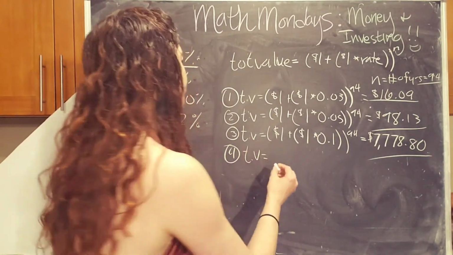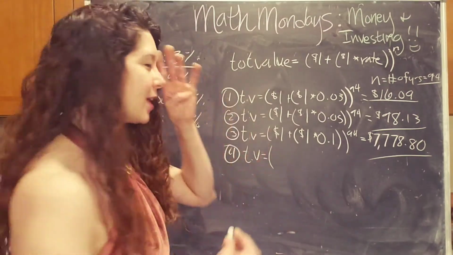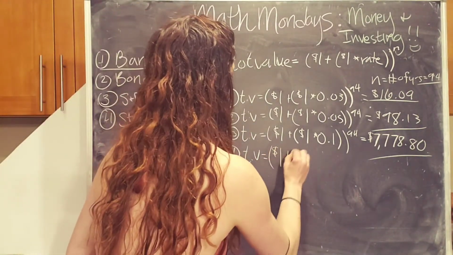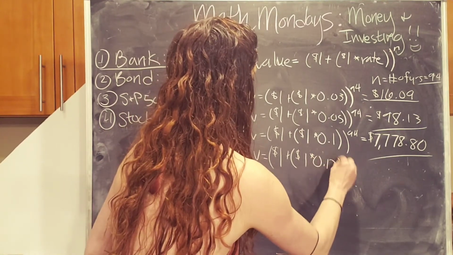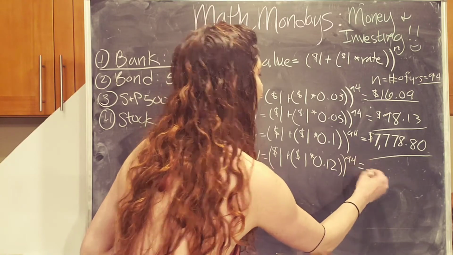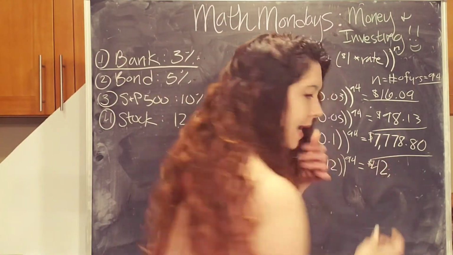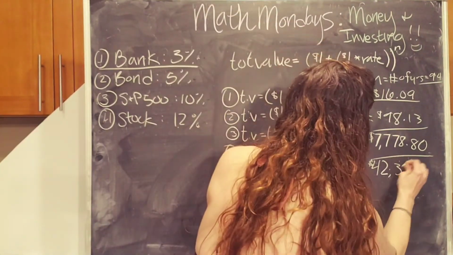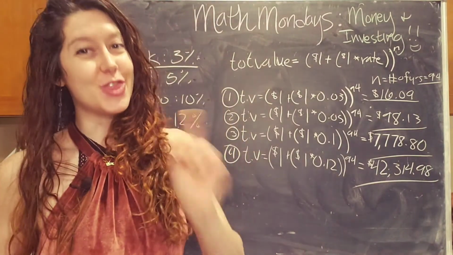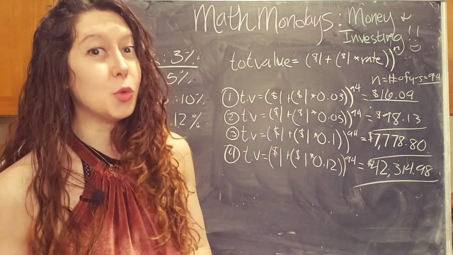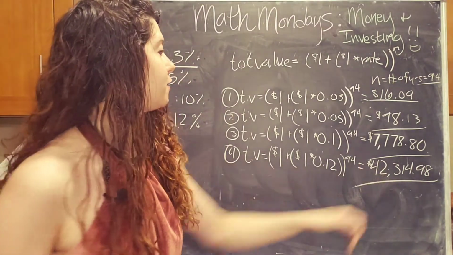So the total value of your portfolio, I guess would just be the stock that you own in that company, would be $1 plus $1 times 12%, 0.12 to the 94th, equals $42,314.98. That is a lot of money that you have earned from just investing $1 over 94 years.